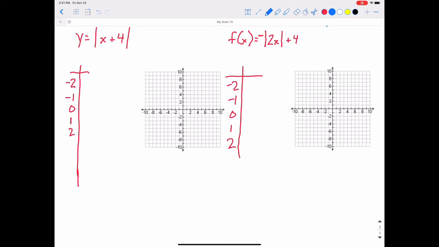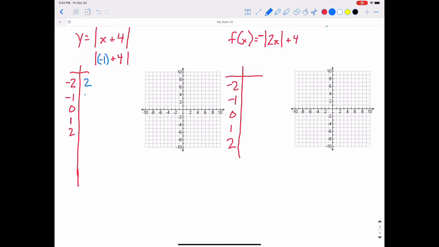So we're going to do y equals the absolute value of x plus 4. So we will take each of our numbers, add 4 to it, and do the absolute value of it. So we'll do the absolute value of negative 2 plus 4. Negative 2 plus 4 is 2. The absolute value of 2 is 2. And then we'll do negative 1. Negative 1 plus 4 is 3.